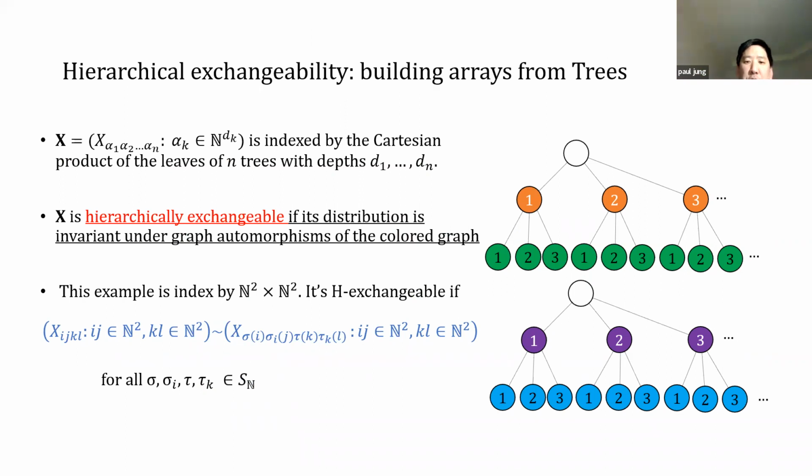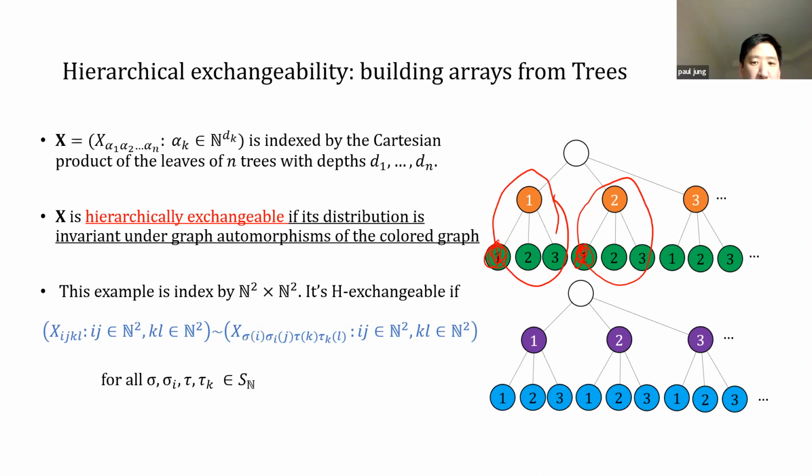the types of permutations that we're allowing for are any permutation that essentially gives us a graph automorphism of this tree of random variables that leaves the colors structure invariant. Okay, so we're allowed to switch this whole family with this whole family, but we cannot switch this random variable with this random variable, because if we did that, there's no real graph automorphism that switches just this one random variable with this one random variable.